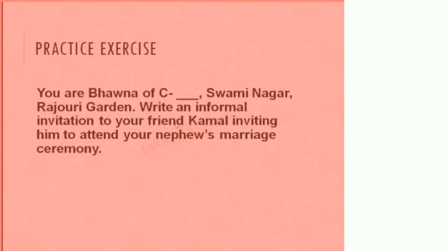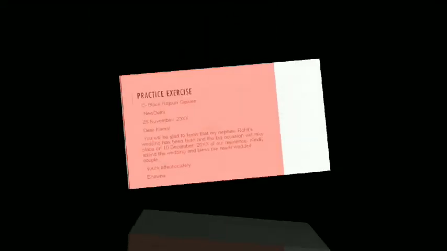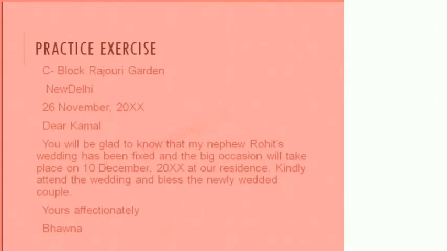So this is an informal invitation, like the previous one. We have to draft it in the same way. It's a very simple question, very easy to answer. So let's see how it is solved. Dear friends, you can see how the format is followed here in this informal invitation.